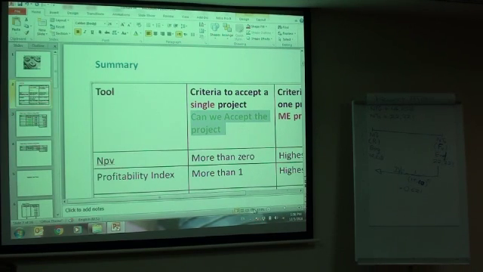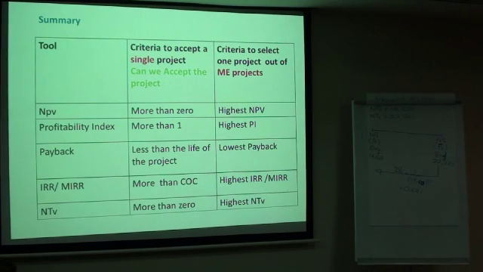Then our decision making process would be: it has to have an NPV of more than 0, a profitability index of more than 1. Profitability index means your NPV divided by the investment. Then it's all in the extra notes. Then the payback has to be before the end of the project, you have to pay back somehow. Then IRR, MIRR has to be more than the cost of capital. Otherwise you will not get a positive NPV, and if you go by the NPVs, it's more than 0.